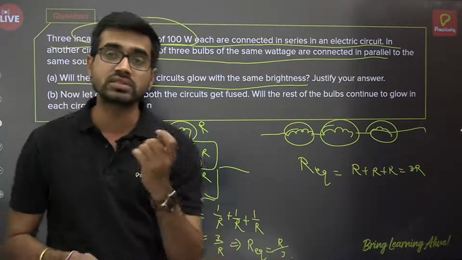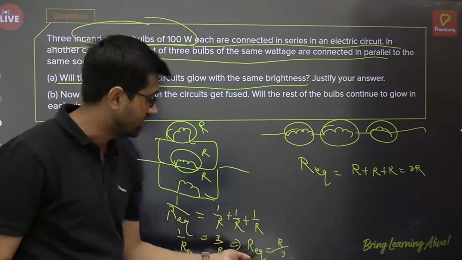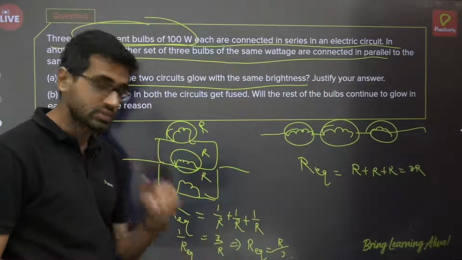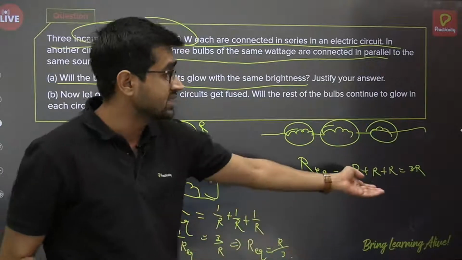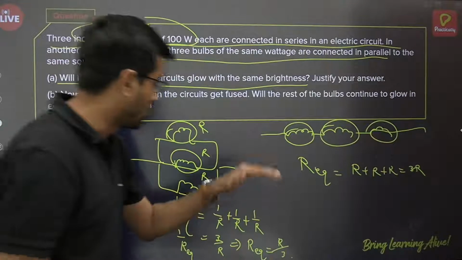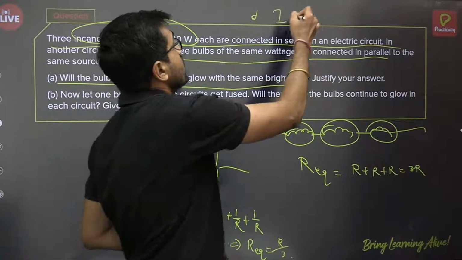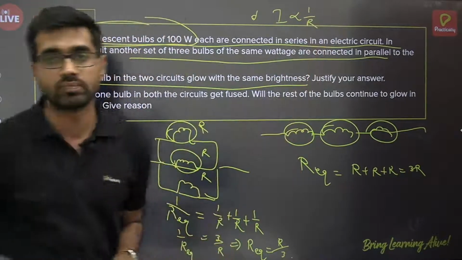So the net resistance has been divided by 3, a 3 times decrease, okay? While here it has become 3 times more. More resistance, low current. Low resistance, high current, because current and resistance have an inverse relationship.